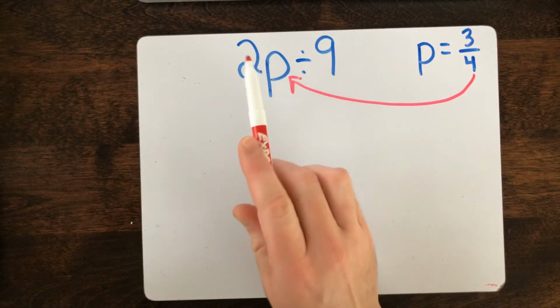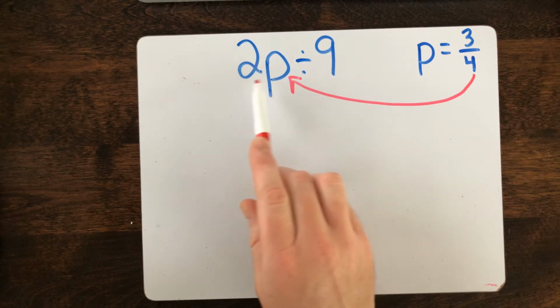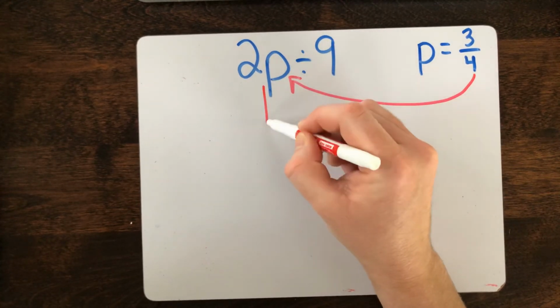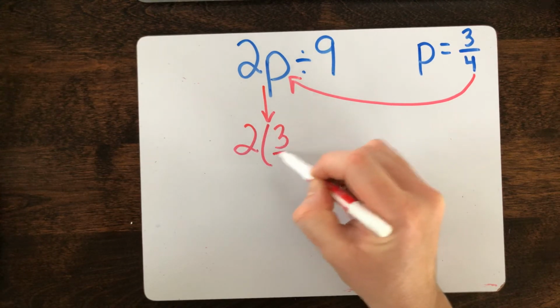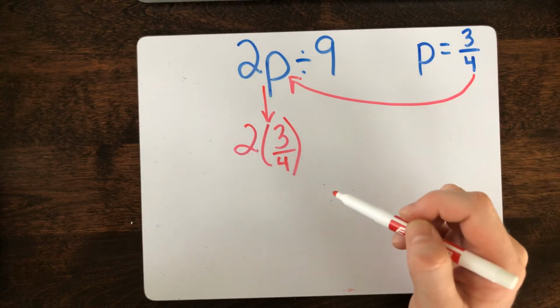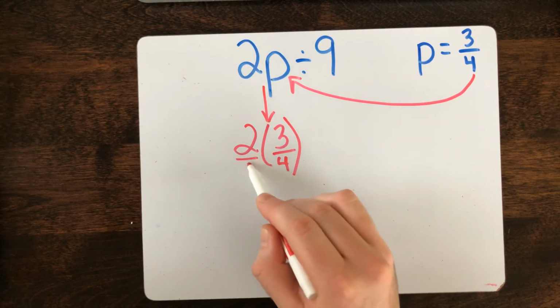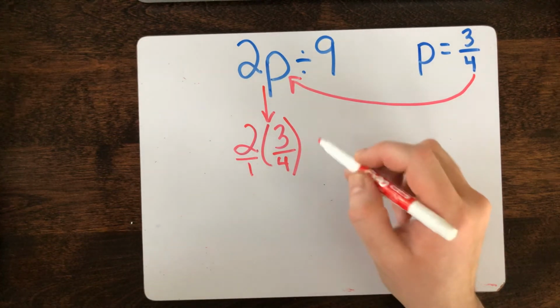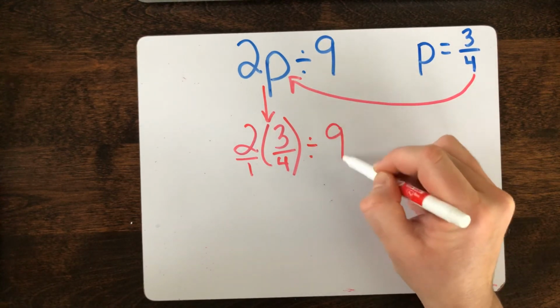Now, when we have a coefficient and a variable smushed together, that stands for multiplication. So if we rewrite that, it really looks like 2 parentheses 3/4. And since we're multiplying these two things together, we're going to put that 2 over a 1. And then we're going to write the rest of the expression, which is divided by 9.